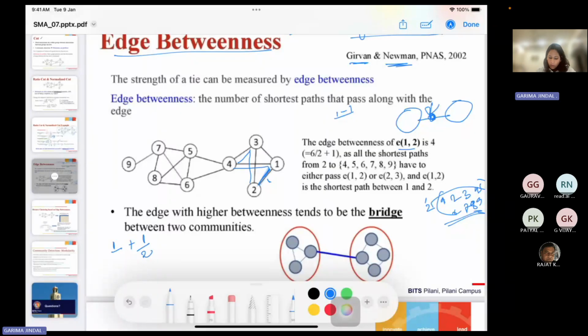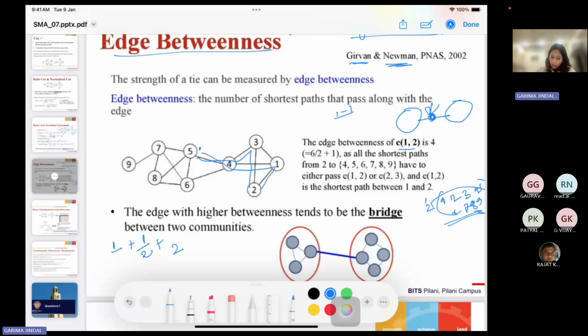Okay, so now let us consider from 2 to 5. So I'm considering from 2 to 5. Can anyone tell how many shortest paths there are from 2 to 5? Yes. So one is this path and the other is this path.